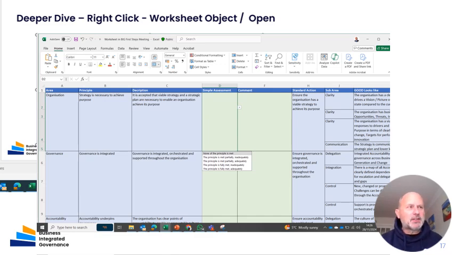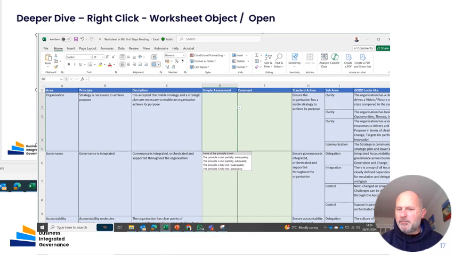So there are some options there for each question. They're quite generic, but they're definitely usable. So for example, is there no example of this principle being met in your organization? Do you sometimes meet the principle but don't do it very well?